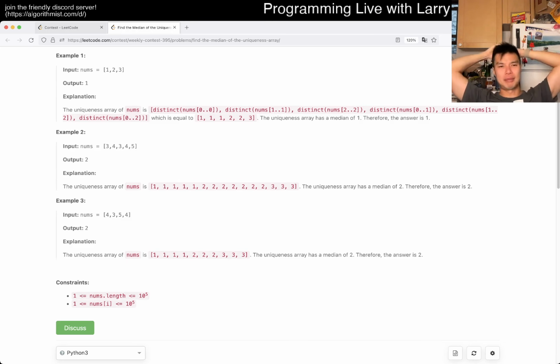Can we merge unique components? Like 3, 4, 3, 4, 5. Does that help?